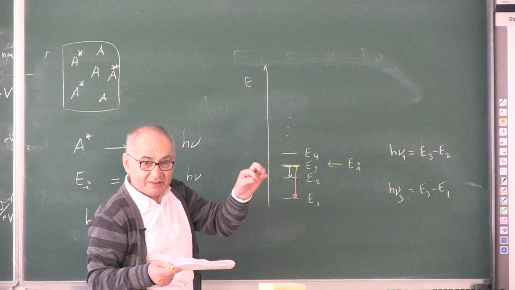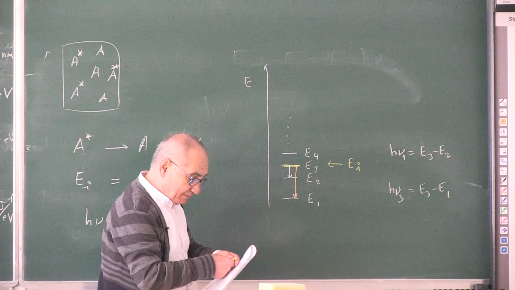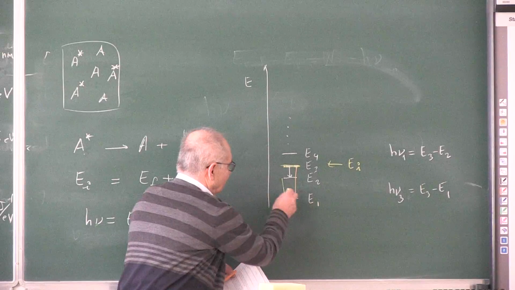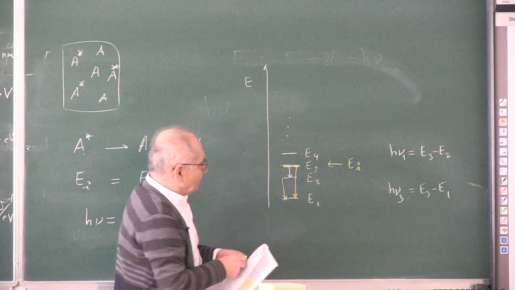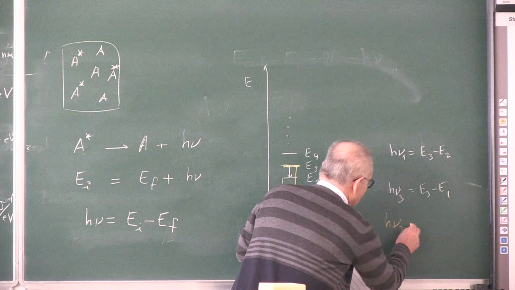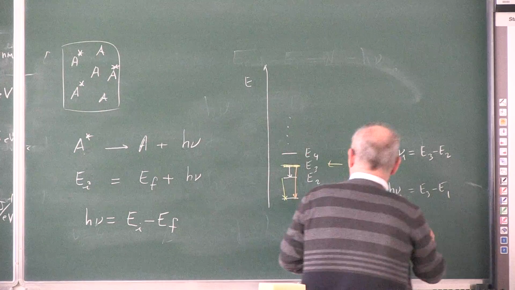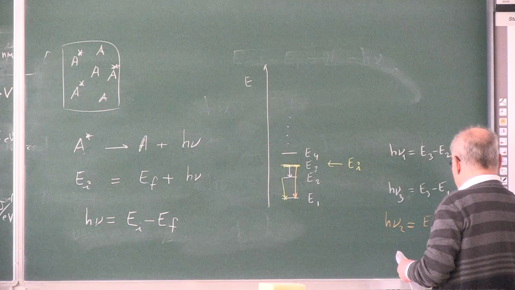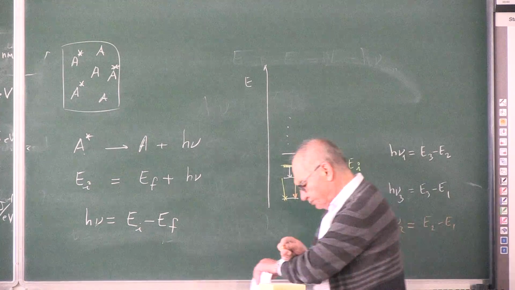It has a finite non-zero lifetime, but after that lifetime, it will make a transition to the ground level. So we have one more photon frequency available, which is E2 minus E1.